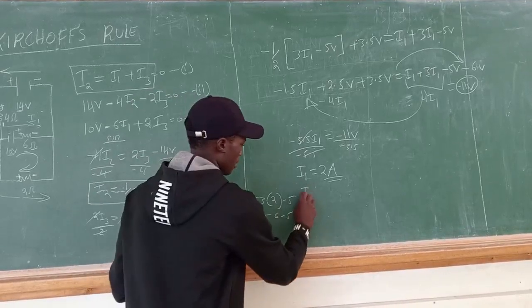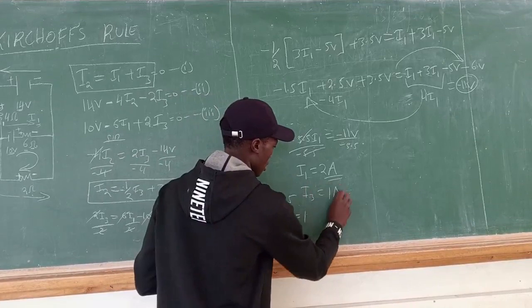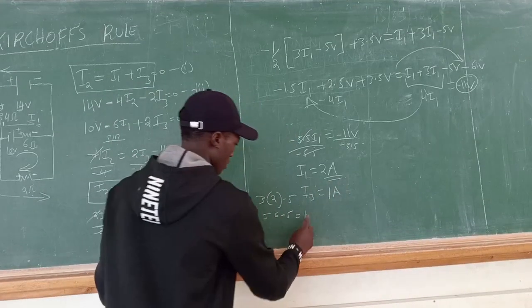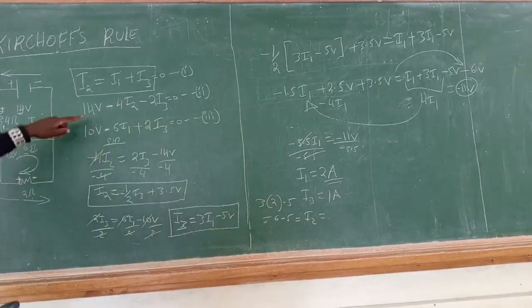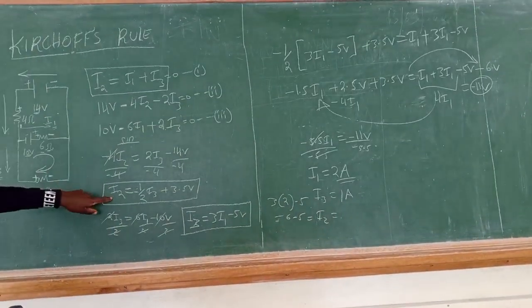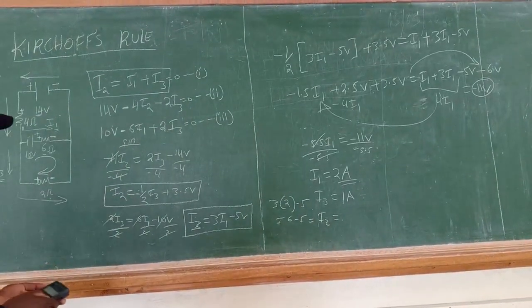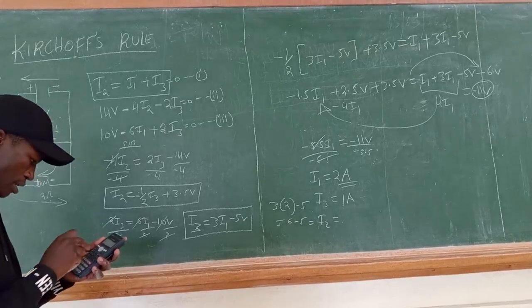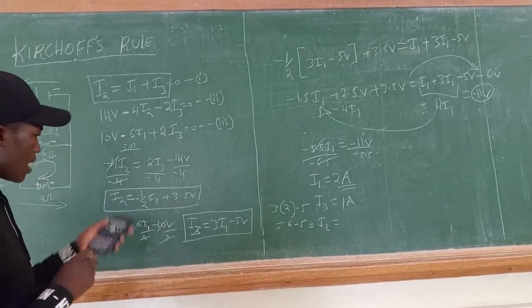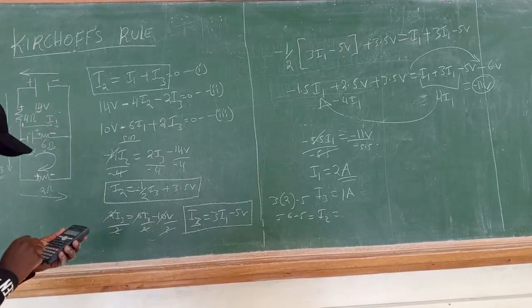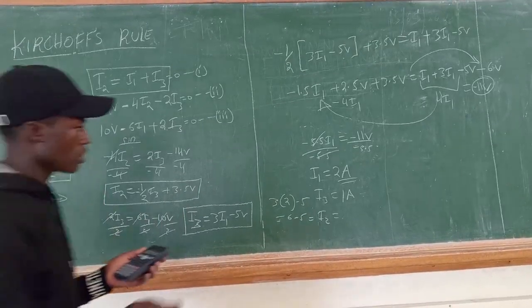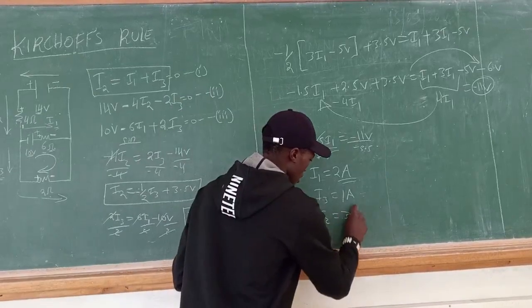So I3 is equal to 1 ampere. I2 is equal to negative half I3, negative half, then I3 is 1, then plus 3.5. That is going to give us 3 amps.